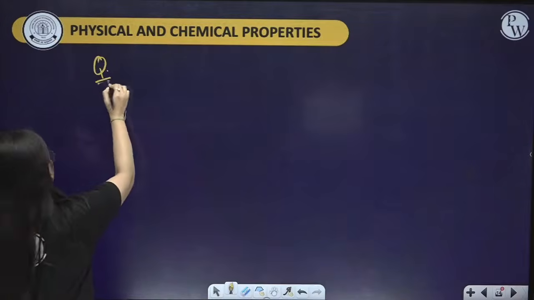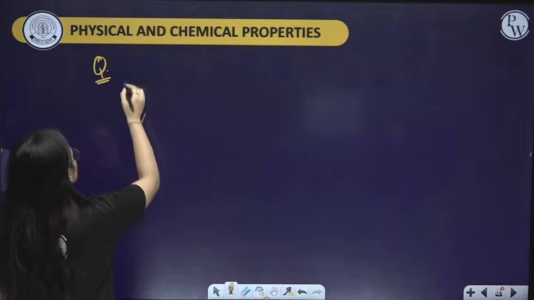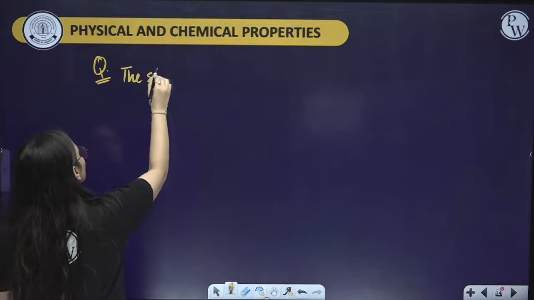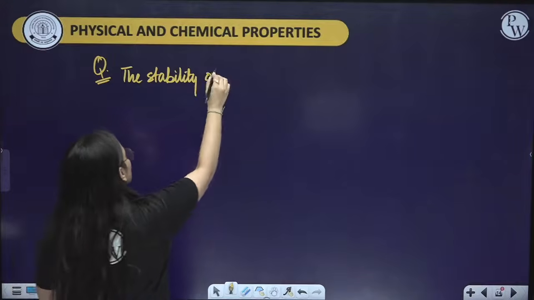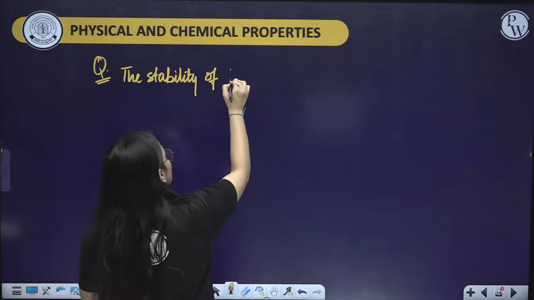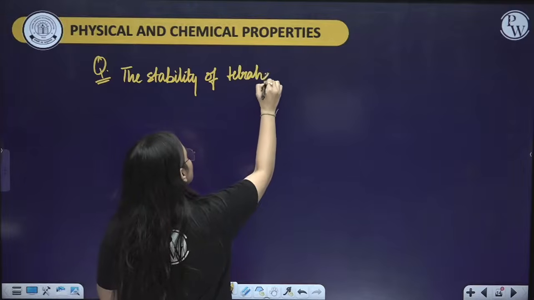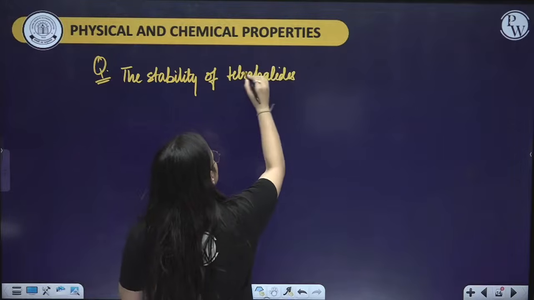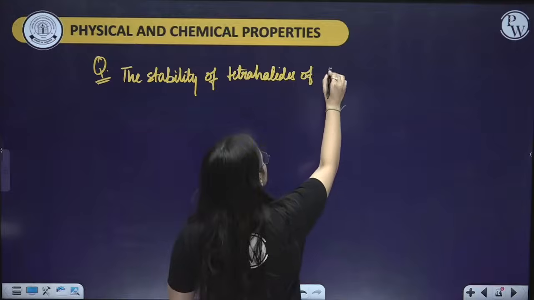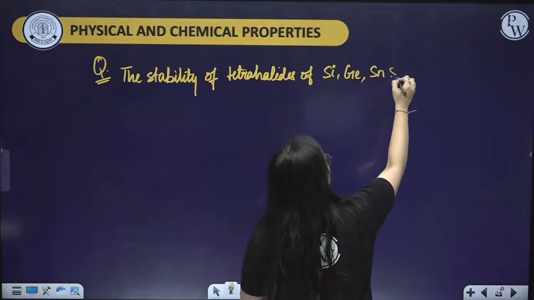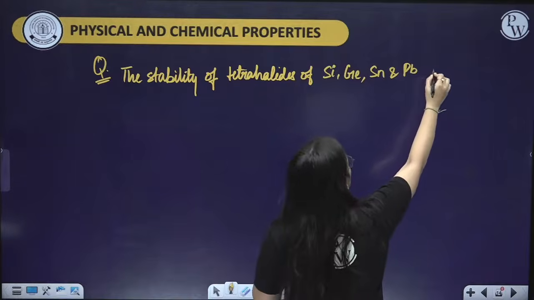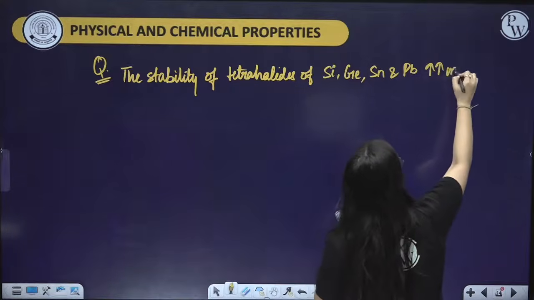So the question over here as a homework is: the stability of tetrahalides of silicon, germanium, tin and lead increases in order of.